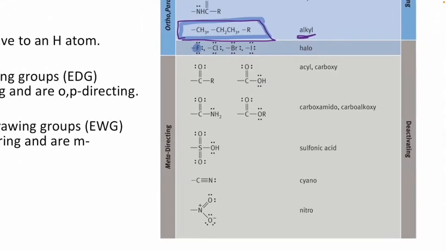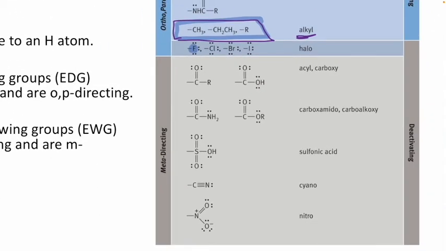When we go to our meta-directors, first of all, one common feature of the meta-directors is when a carbon that's double bonded to an oxygen is attached to the ring, right? Does anybody remember what we called these bonds here? C=O double bonds? You're probably going to hear me say it a bunch, so let's just flesh it out here.